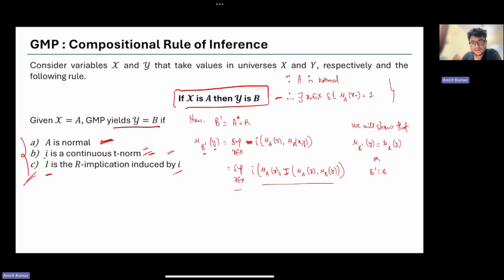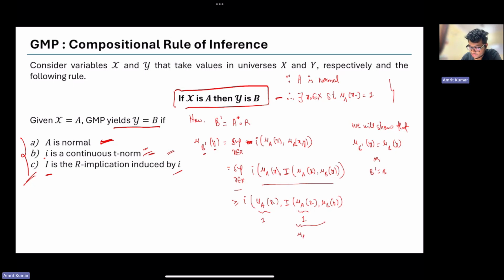So if we take a particular element x naught of our universe X, then this supremum would be greater than or equal to this quantity at x naught. But this is one, and this is also one. And we know that any R implication satisfies the left neutrality property.